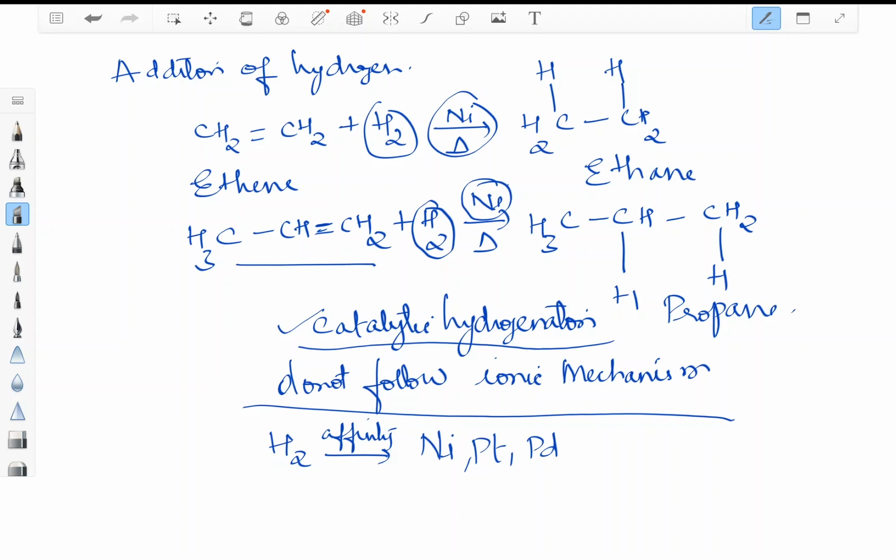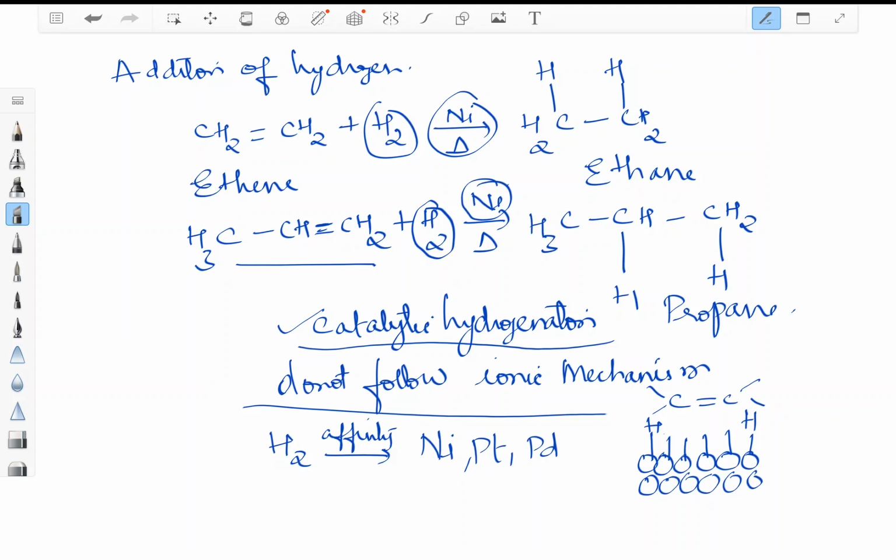For example, if this is supposed to be your metal, hydrogen gas will go and bind on this. And now what will happen is the alkene is also subjected to the same side.